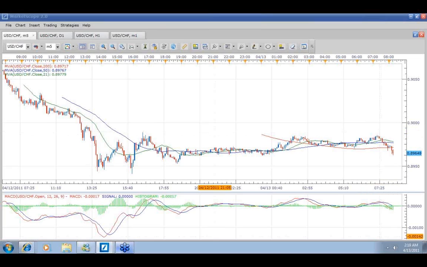So we're going to go in and sell this. This is about the risk that we want to take. We want to set up a profile where our reward is 4 times our risk, and we're looking at our 5-minute chart. Really, right now, 89.90 is a level we're looking at.